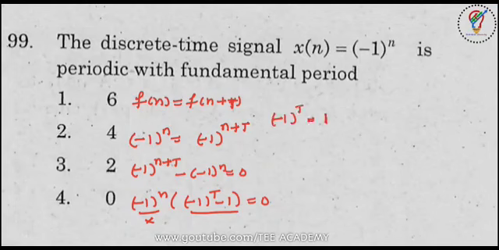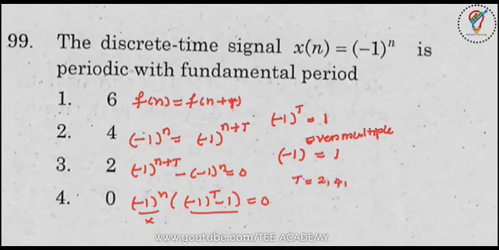Assume -1 is raised to what power to give 1? It has to be an even multiple, so the T value may be 2, 4, 6, 8 and so on.